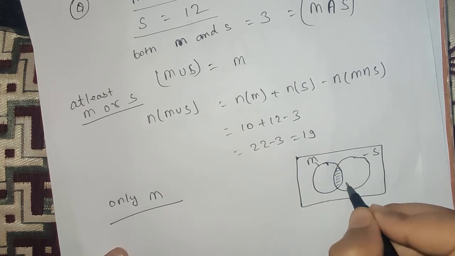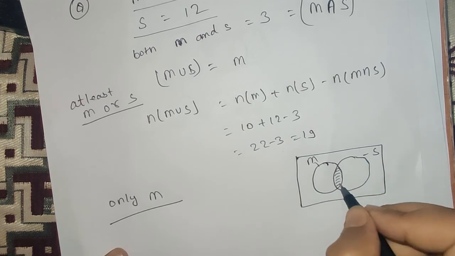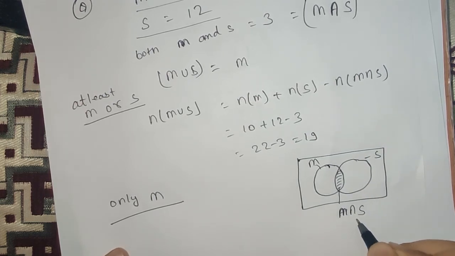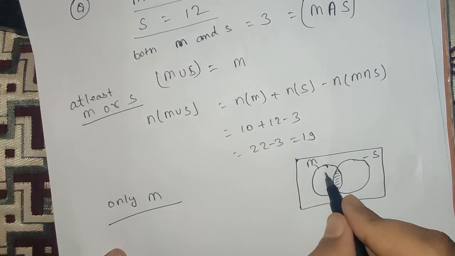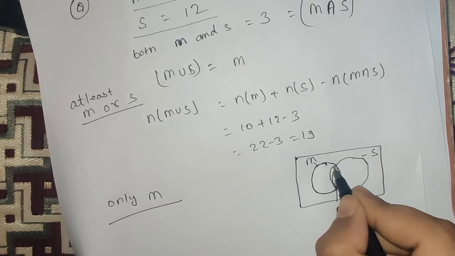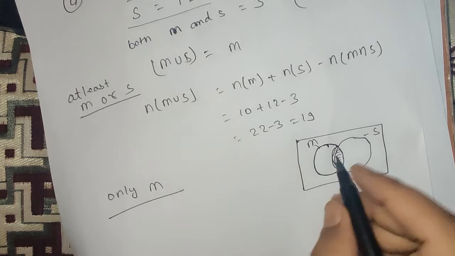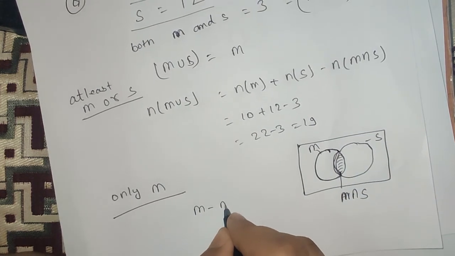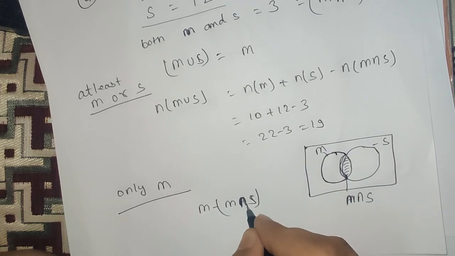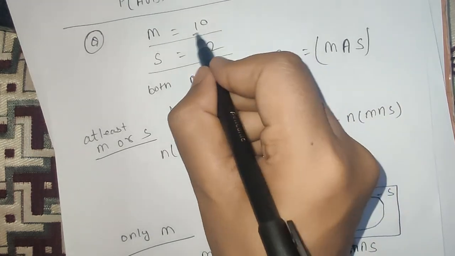Math is 10, science is 12. This is math and science, meaning M intersection science, and it is 3. So what will be only math? It will be only the part that I have marked. Only math is M minus M intersection science. The total number of students who study math is 10.